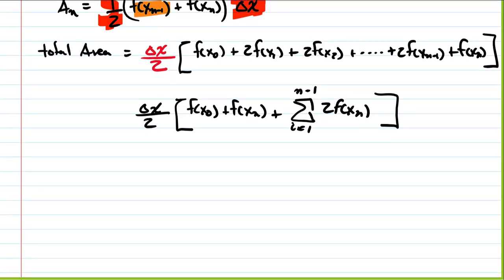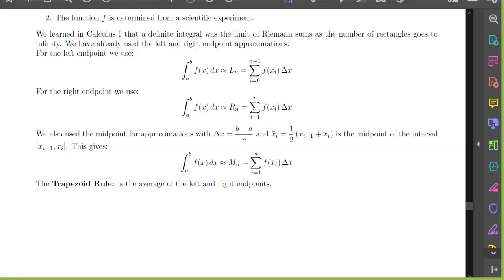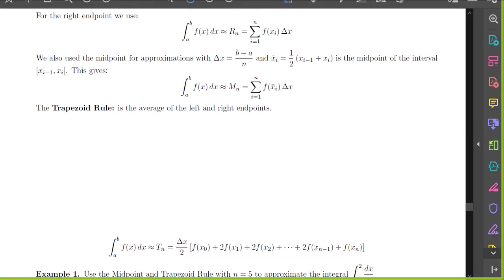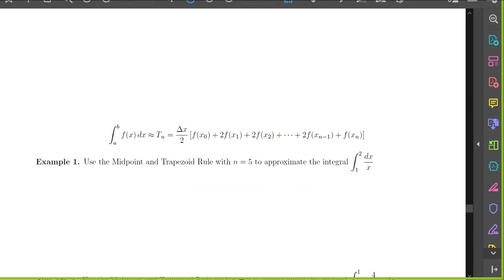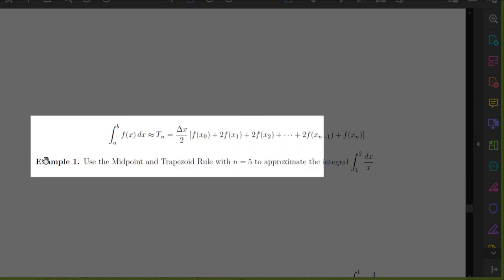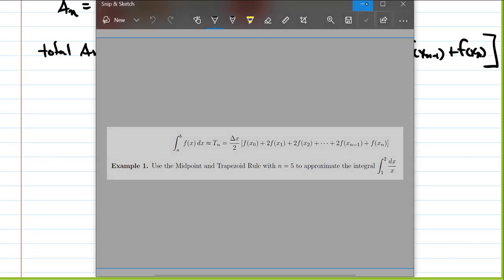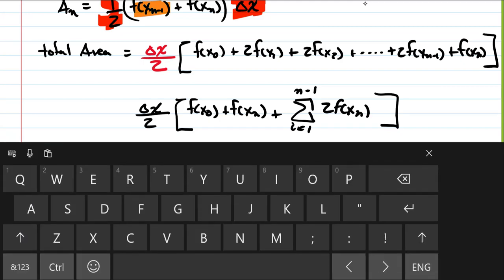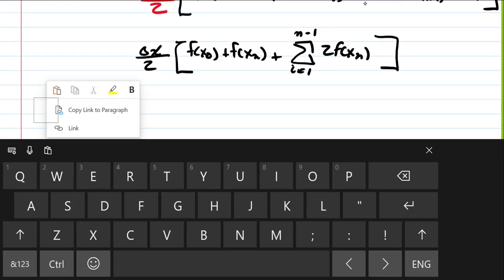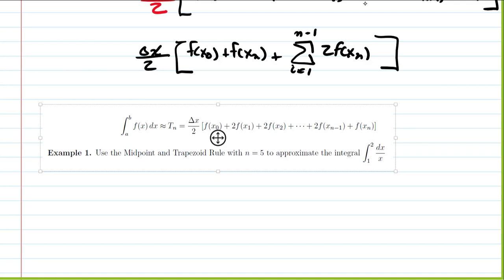So let's go ahead and use this. Typed out it looks a lot nicer than my hand-drawn one, but we get this same deal we just derived above, without the sigma notation.